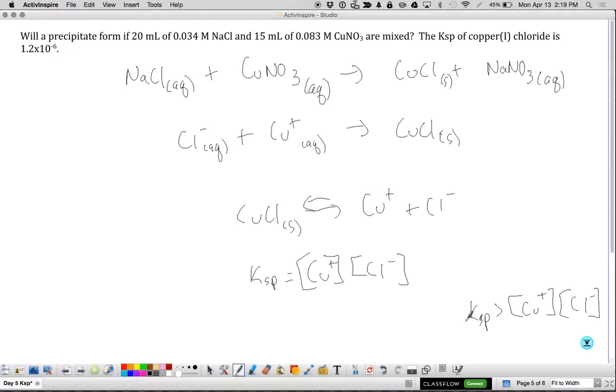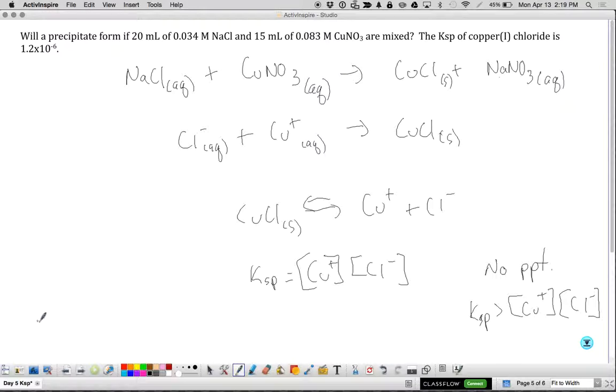So if the given KSP is greater than the product of these two, no precipitate's going to form, because you're actually at an unsaturated solution. So no precipitate is going to form.